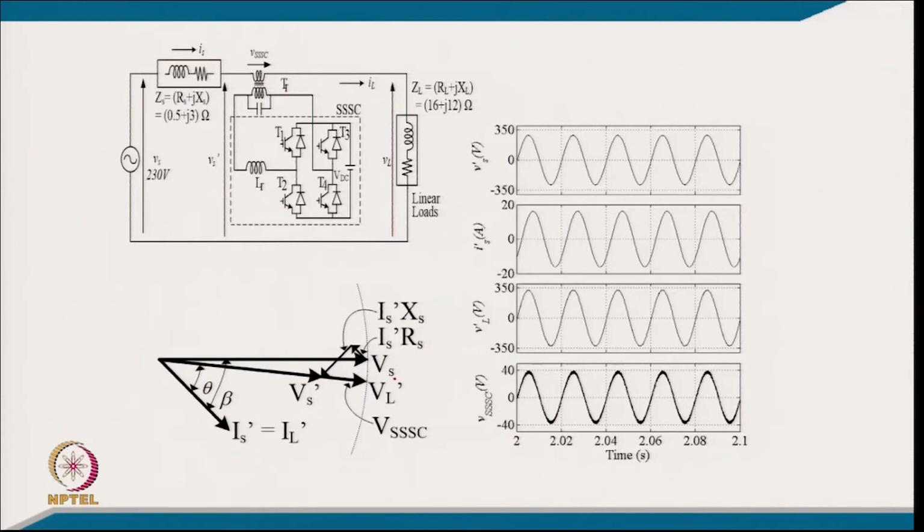That corresponds to the phasor diagram, and we inject the voltage just to take care of the drop across the source impedance, in opposition to the IR and then IX drops. After design and making the control, these are the voltage at the point of common coupling, the common load current and source current, and the voltage across the load, which is regulated to 230 volt, and this is the series compensated voltage of the compensator.